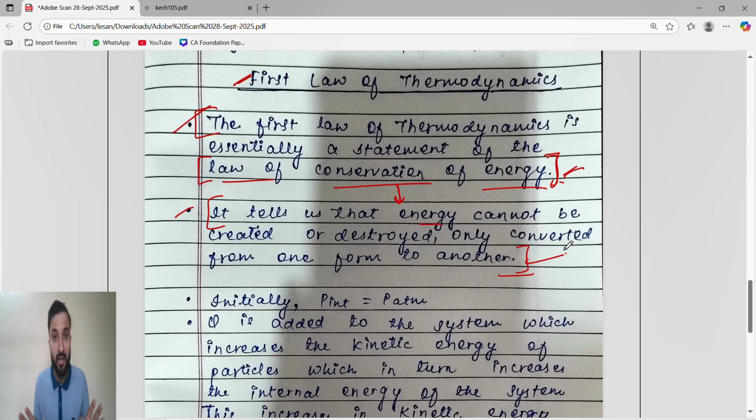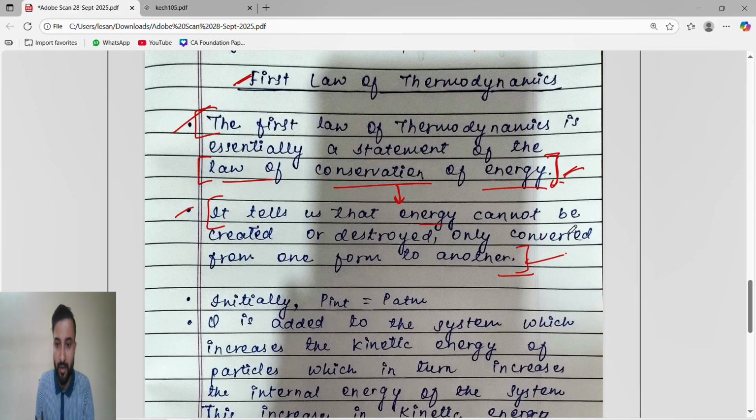Some examiners may give marks, but it is a very wrong answer. You have to say energy cannot be created nor be destroyed, only it can be converted from one form to another form. That is the last point you have to write.